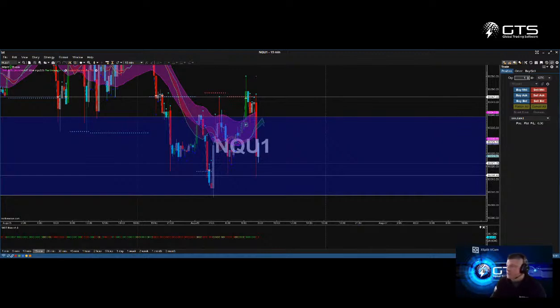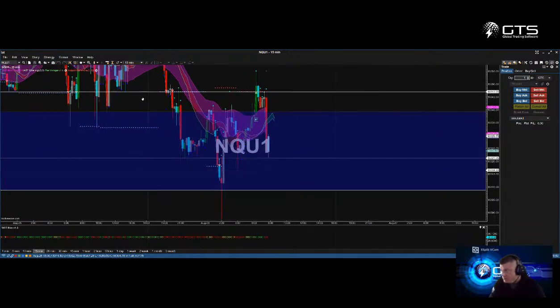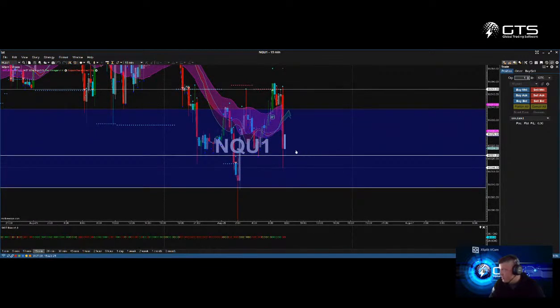All right, so it looks like the NQ got a good bounce, man. NQ got a nice little bounce off that lower support level right there. Definitely waiting for the break of one of these two levels right here. I've got the upper range as 347, lower range as 316.